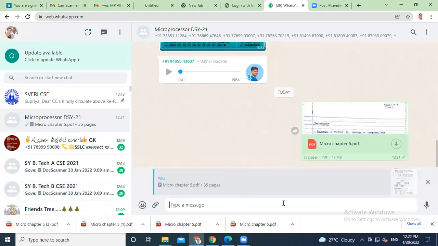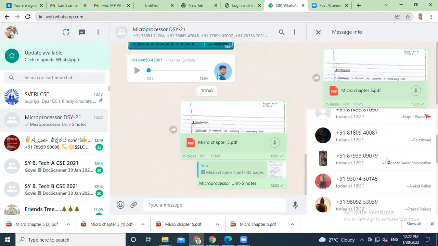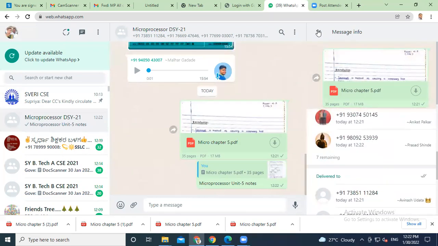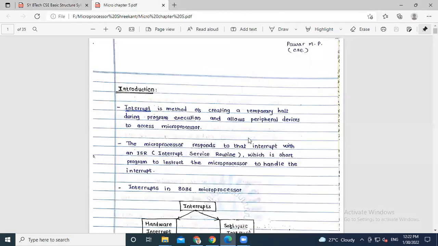So this is the microprocessor 5 notes. Is it fine? Yes, okay. Please save these notes. That is unit number 5, interrupts. I will refer to the same notes in the lecture.